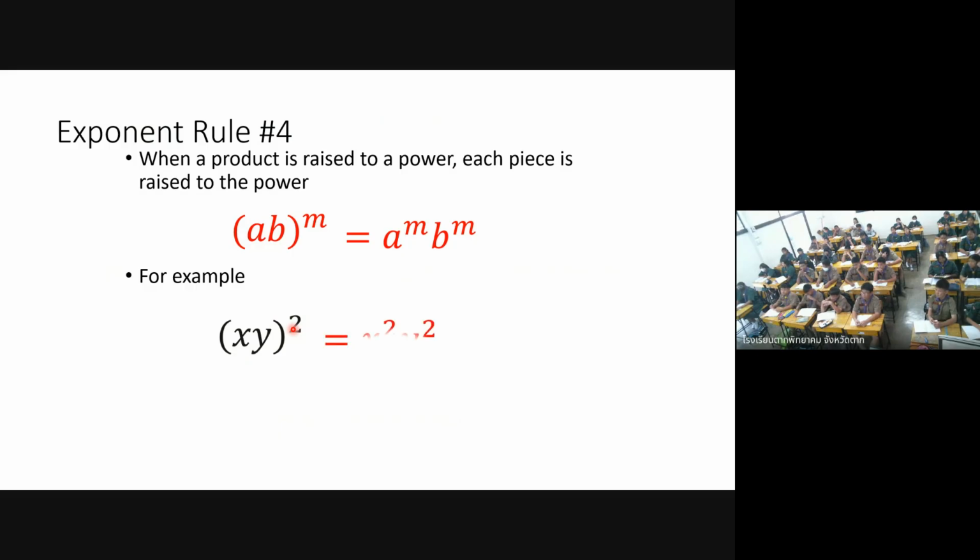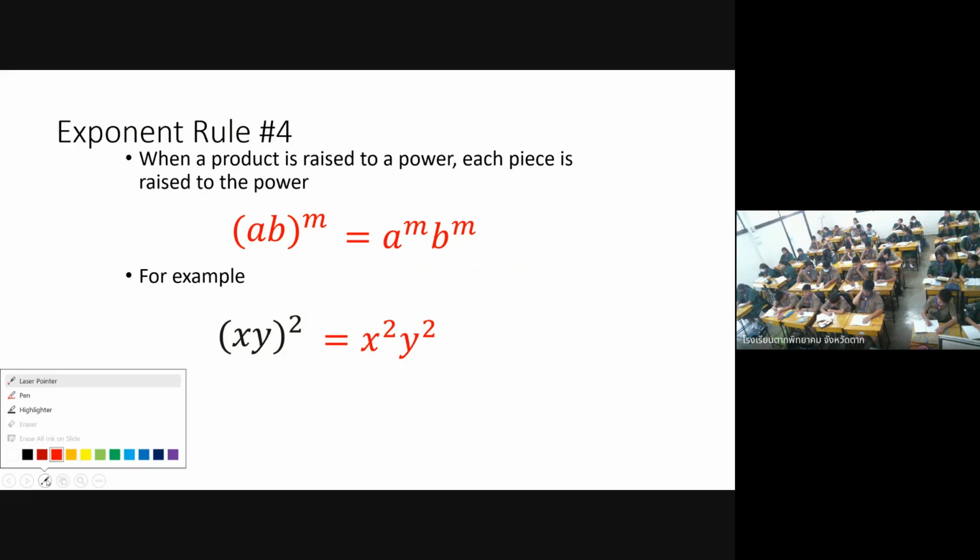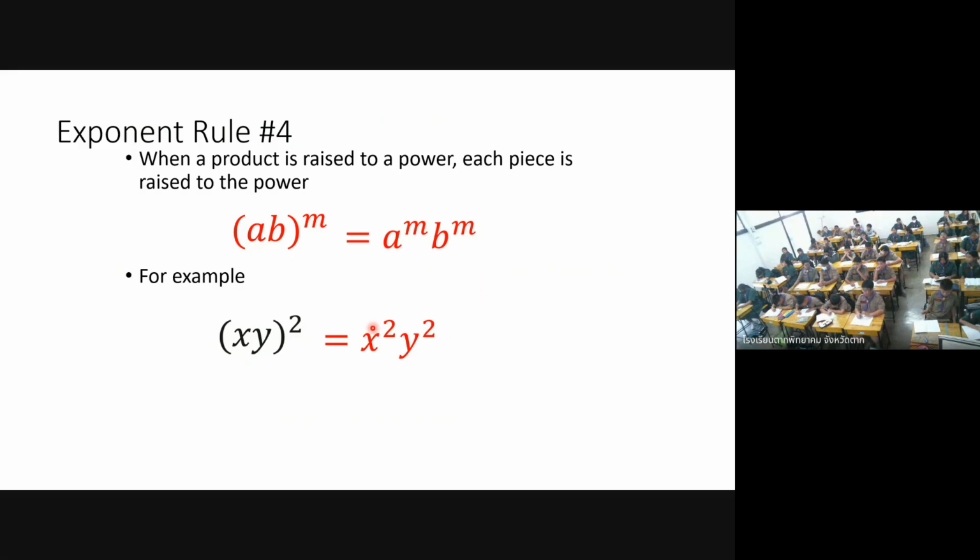That is X to the power of 2, Y to the power of 2. Remember, this is power 1, right? 1 times 2 is 2. Y is also power 1. 1 times 2 is also 2. So XY, all power 2, is equal to X to the power of 2, Y to the power of 2. Next, let's have more examples.